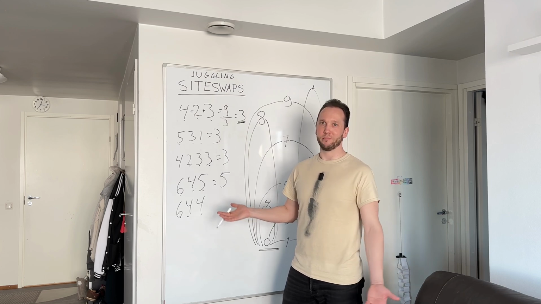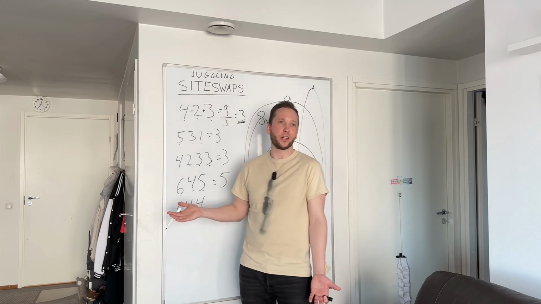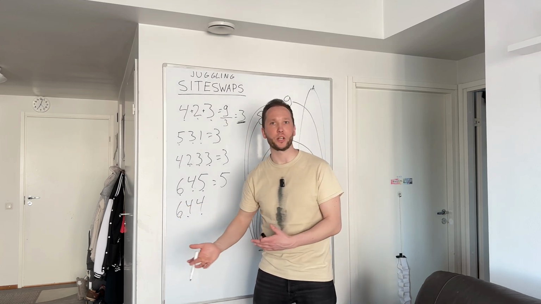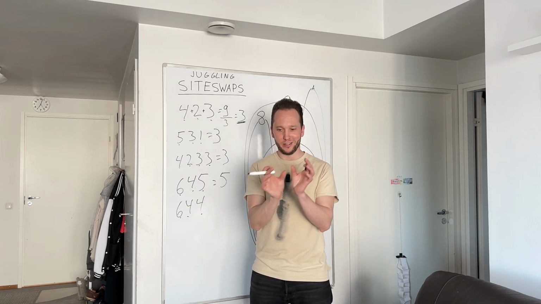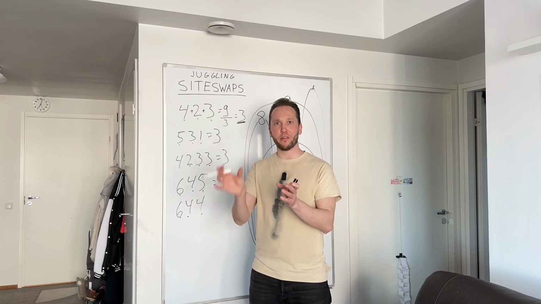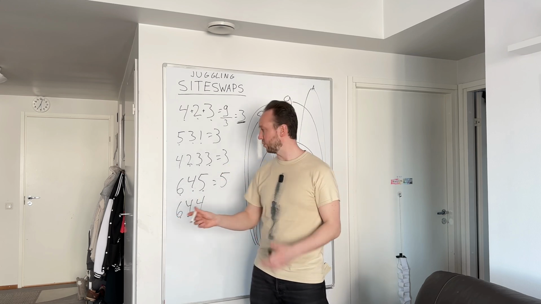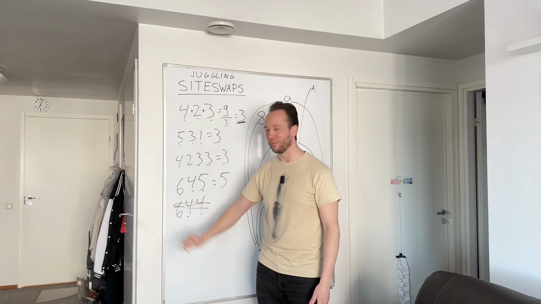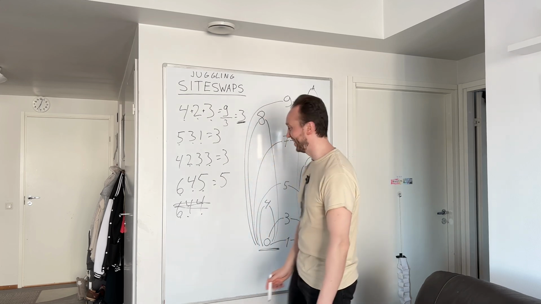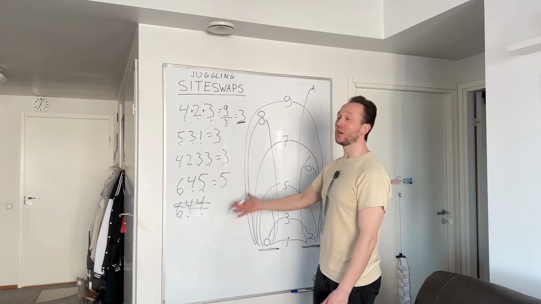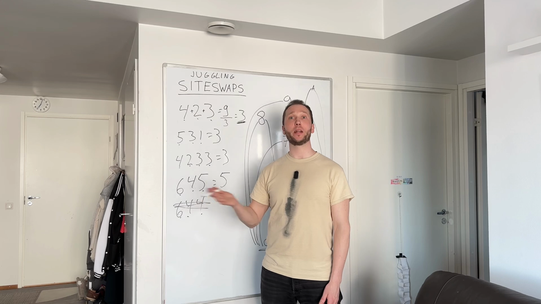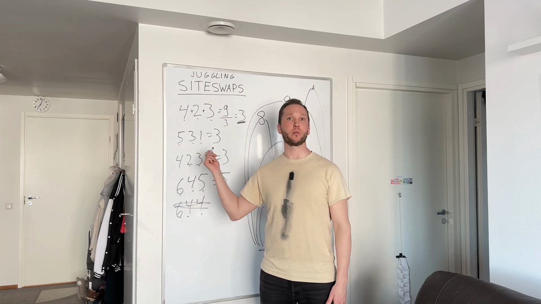So we know it doesn't work. You cannot juggle with 4 point something objects, okay? You need 4 or 5, not 4 point something objects. So we know this is no good. So yeah, this is how you count side swaps, how many objects to use in the side swap trick.